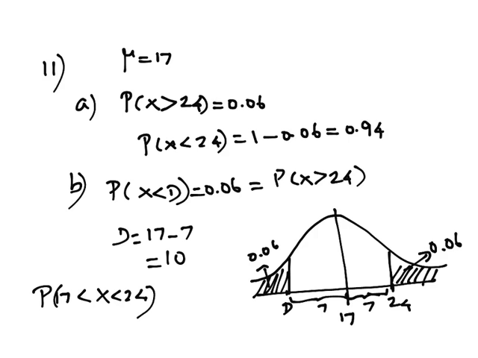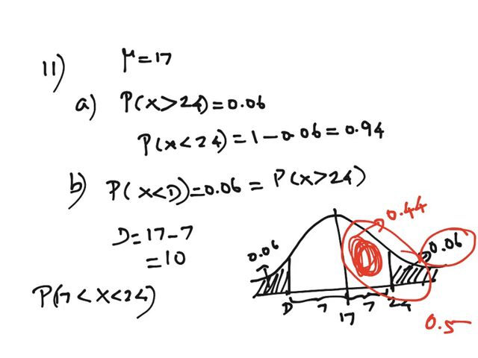What is it, students? That means I'm talking about this area between 17 and 24. Now, if this is 0.06, don't you think this will be 0.44? Now, you may wonder, how do we get this? Very simple. This whole half area is 0.5, right? So definitely this part will be 0.44.